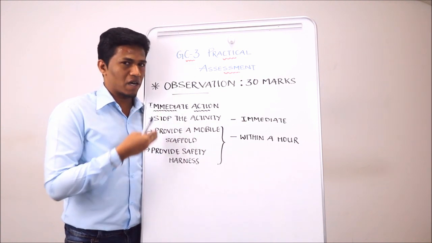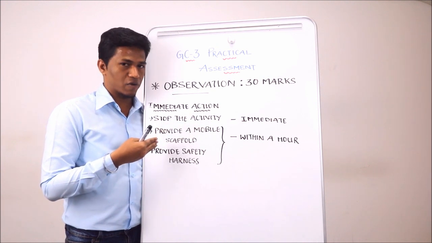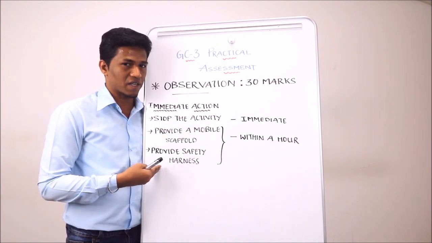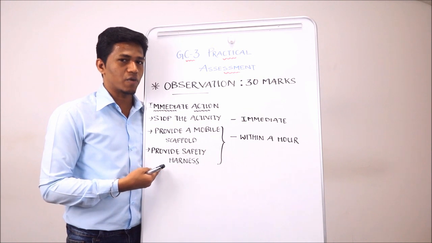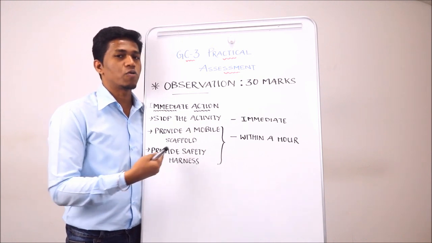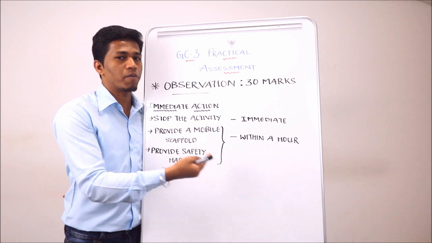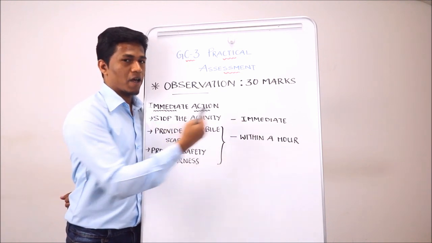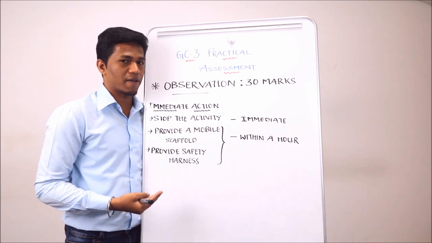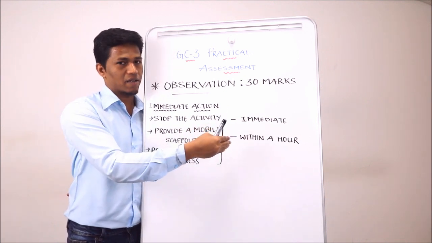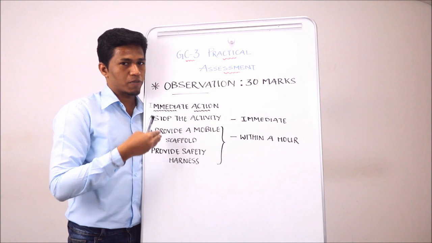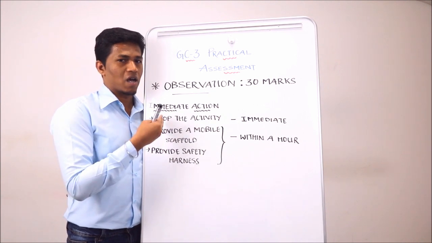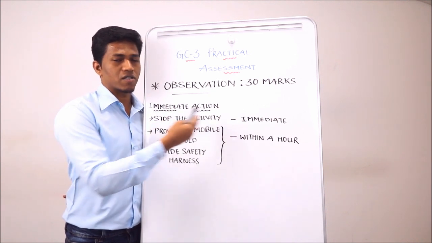Now, keeping a closer look at these control measures, I'm being very specific. Most of the time we tend to write "provide PPE." You need to be specific on what type of PPE has to be provided. So these are my immediate actions. On the right side you would see a time scale. These are the time scales I have suggested for providing these control measures. How much time do you require to stop the task? You do it immediately.